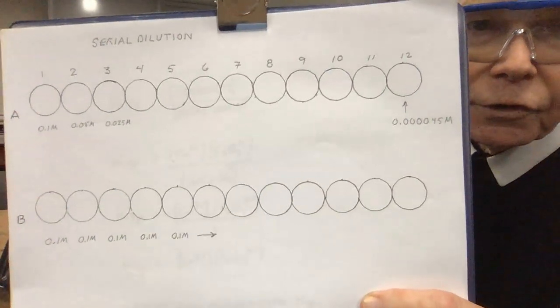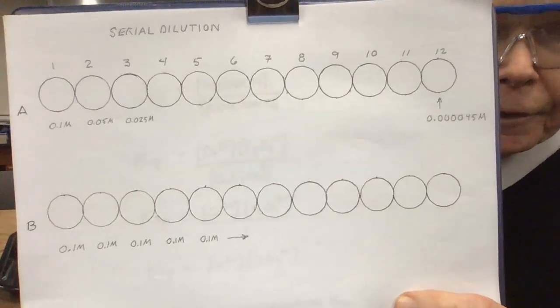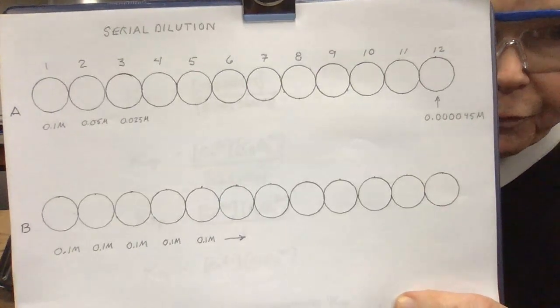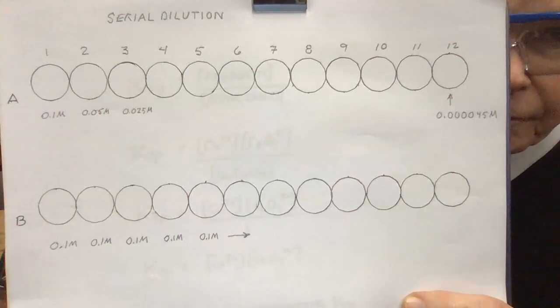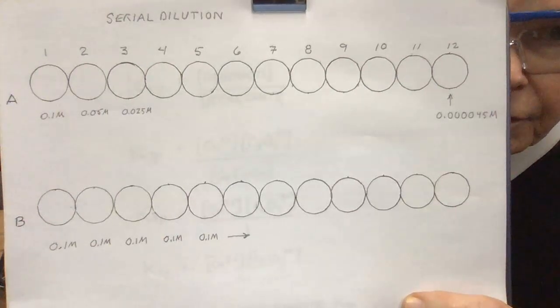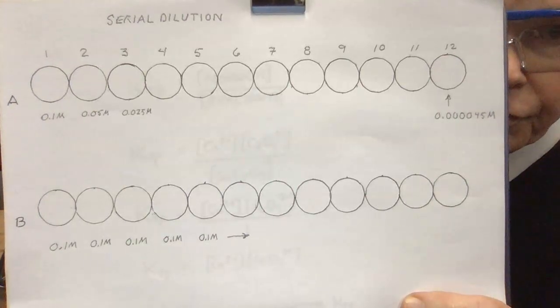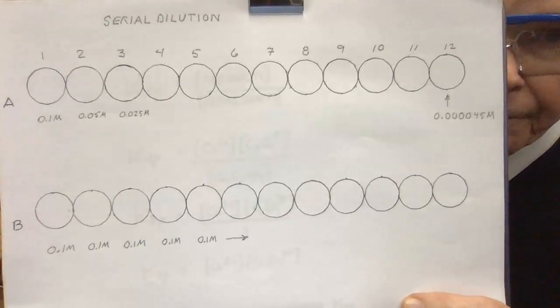We're going to go across the top set of rows, row A, and into the very first well, number 1, I'm going to be putting the 1/10 molar calcium nitrate solution. And then I'm going to take half of that out and put it in the next well. When I transfer 5 drops from well 1 to well 2, I will have made a solution in well 2 that is 0.05 molar.